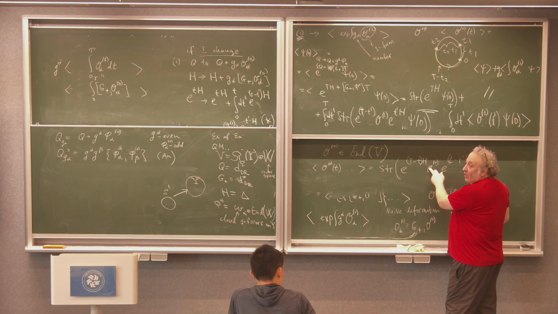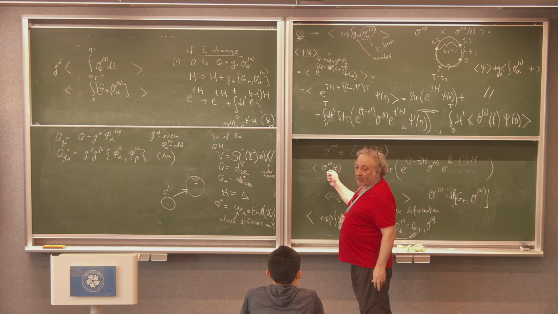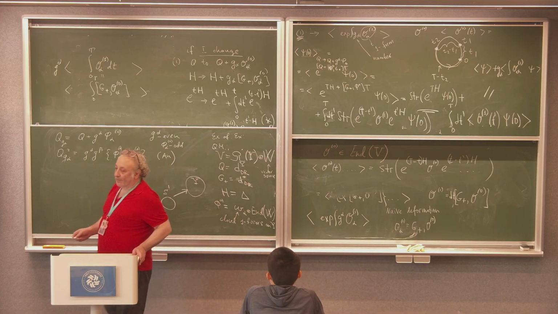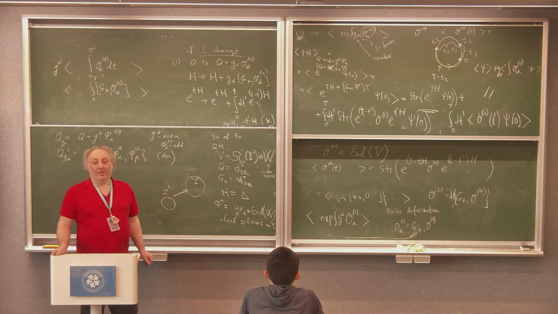Here you have an operator, no dependence on T. Here you have a correlator. Correlator has a dependence on T. We say that an operator has correlators that depend on T defined in this particular way.